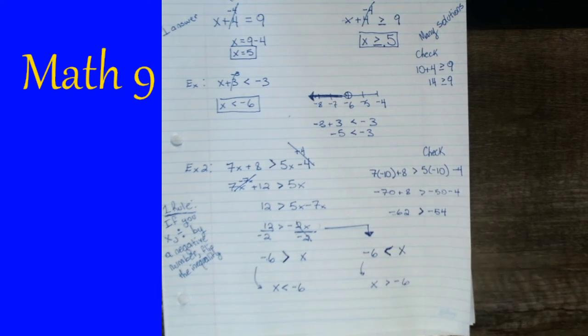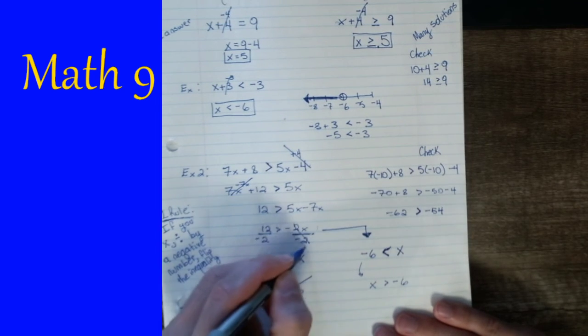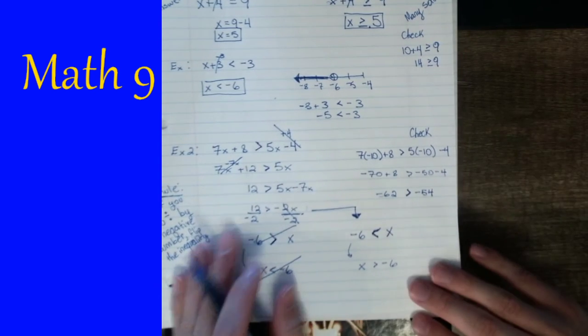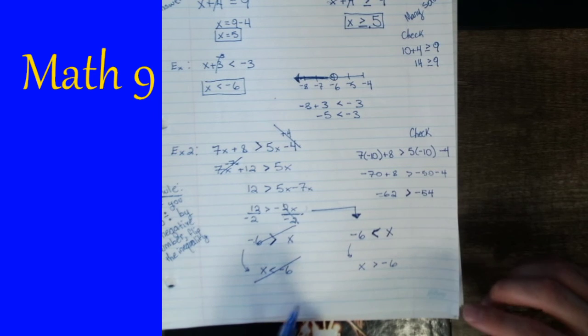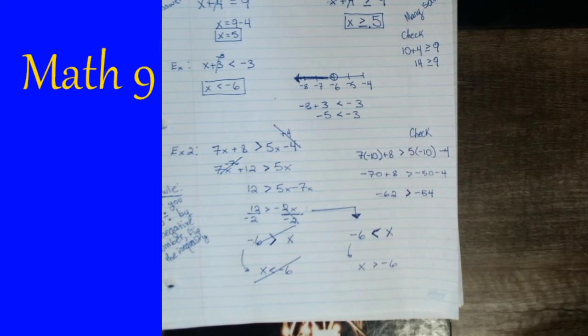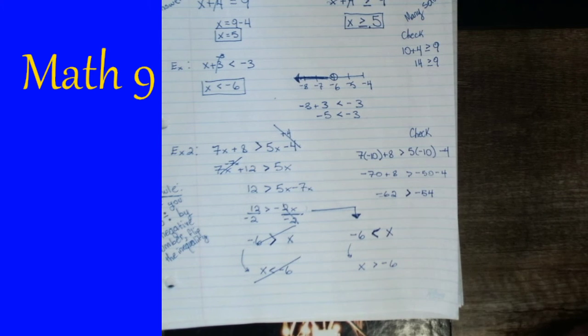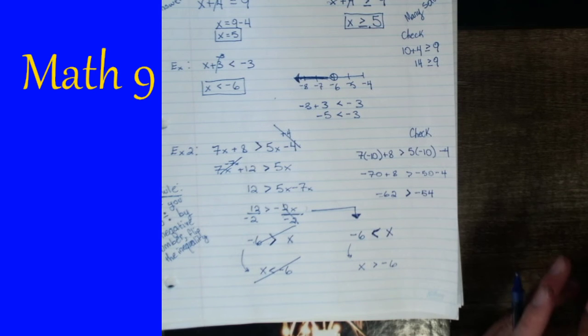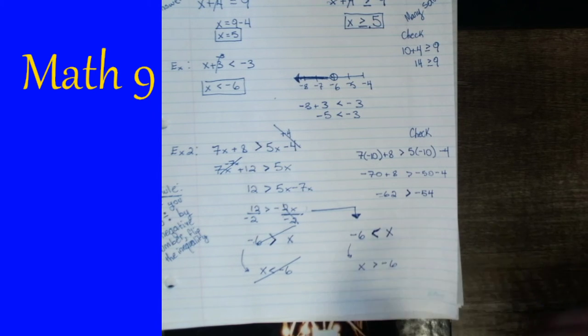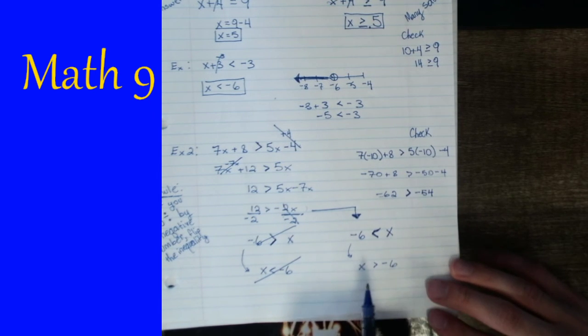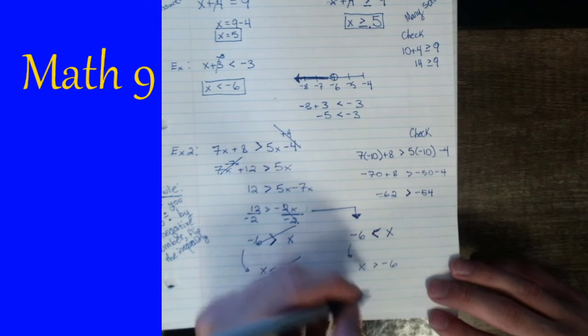Well, it's a completely different set of solutions than what we had before. So what's a number that's greater than -6? And often when we're being asked to pick a number to put in for x, pick the easiest thing that you can. The easiest thing where x is greater than -6 would be 0.